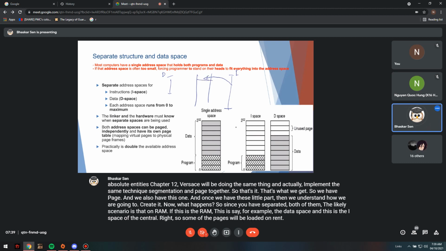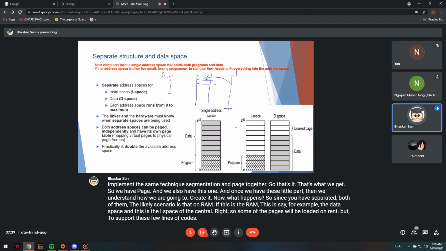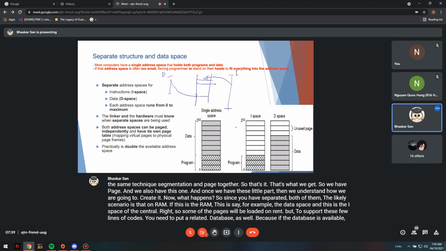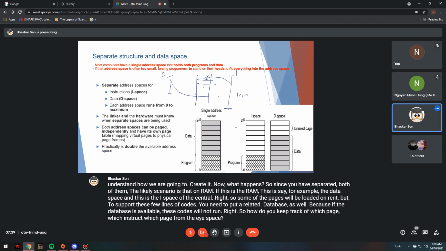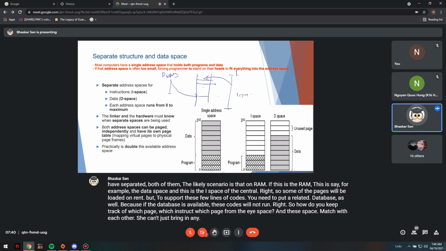But to support these few lines of code, you need to put a related data page as well, because if the data page is not available, these codes will not run. So how do you keep track of which page from the I space and D space match with each other? You can't just bring in any, because you have to keep track of it. And for that, we use a linker.